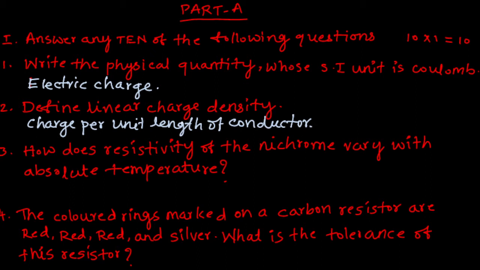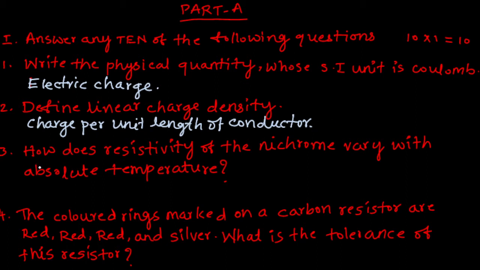Surface charge density means the charge per unit area. Volume charge density means charge per unit volume of the conductor. So for this question, define linear charge density, the answer is: charge per unit length of conductor is called linear charge density of the conductor.